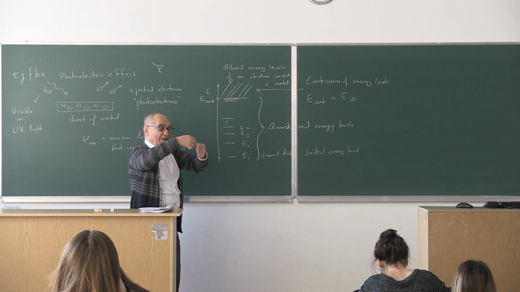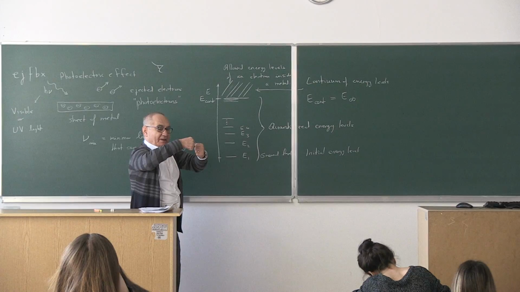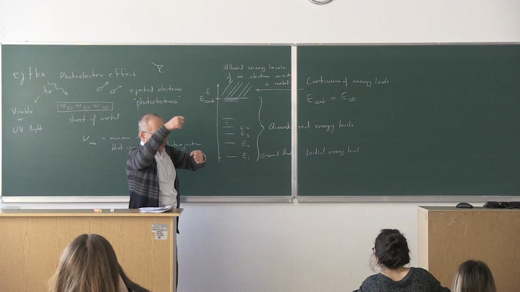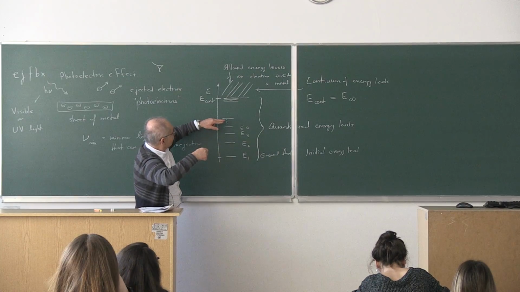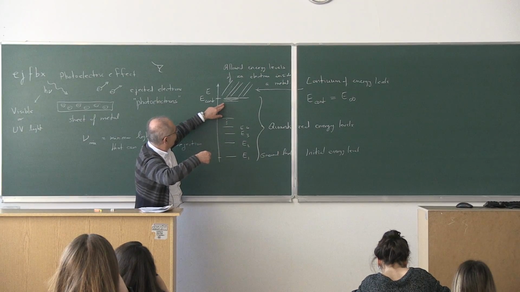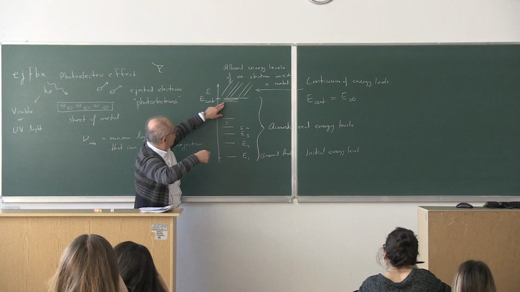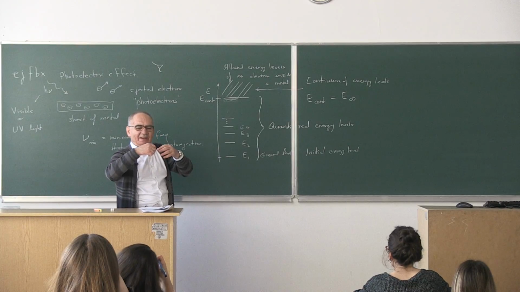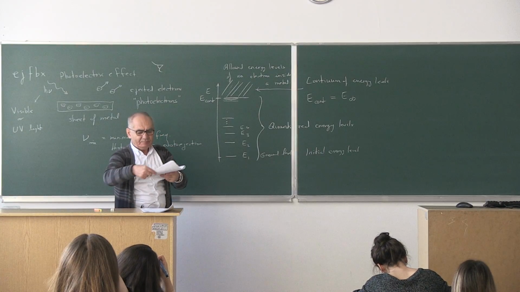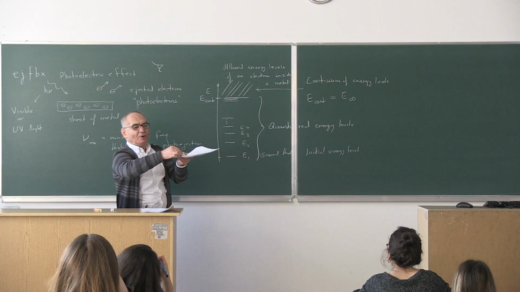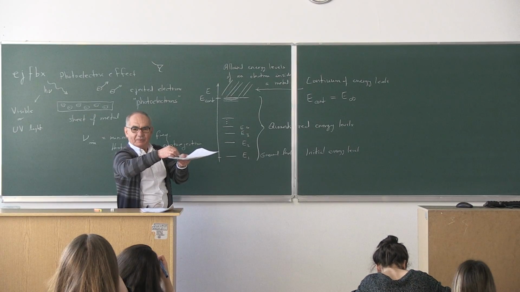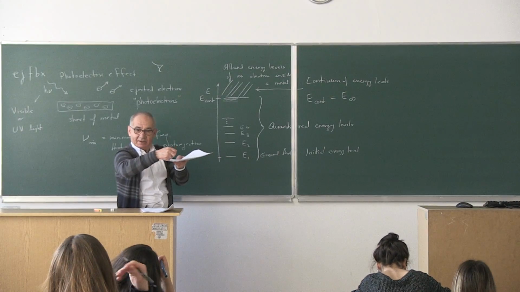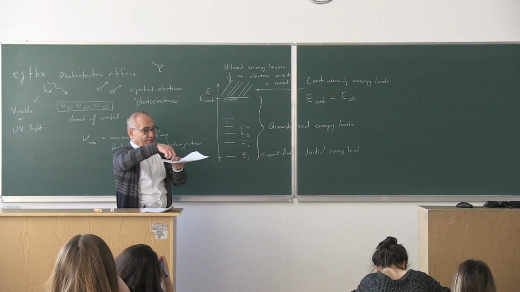We need energy to overcome the effect of positive charges in order to eject it. When the energy gets nearer to this E continuum, we imagine the electron to be near the surface of the metal, but still attracted by the nuclei on the surface of the metal.